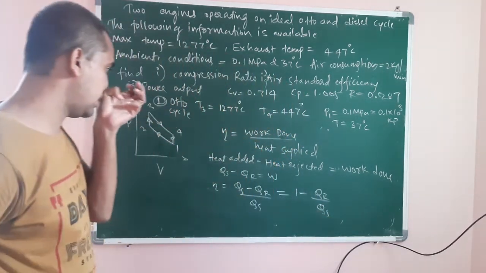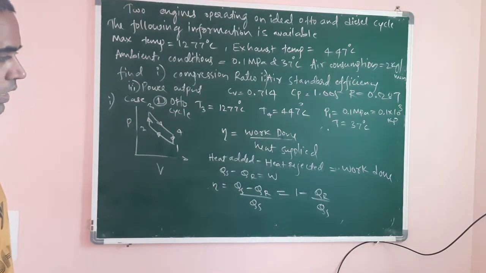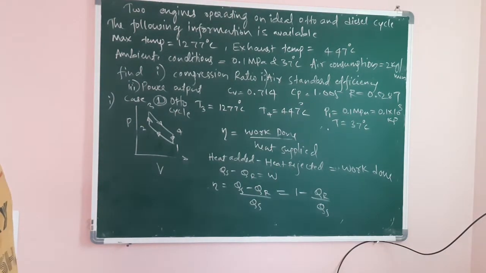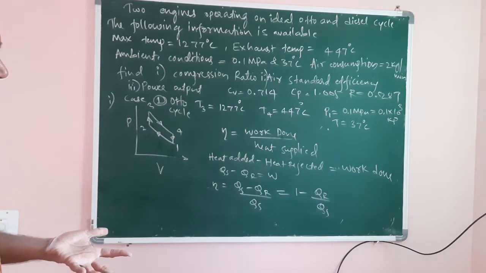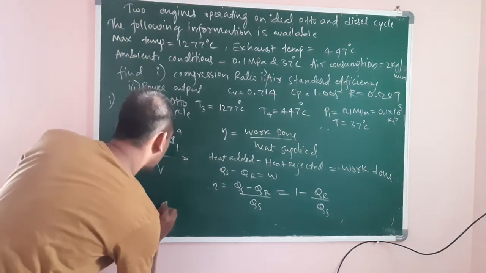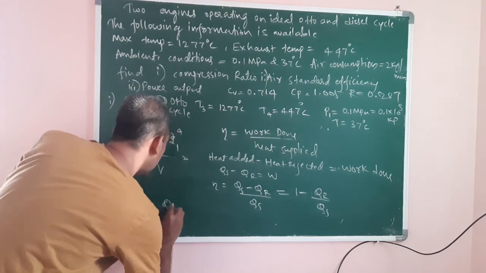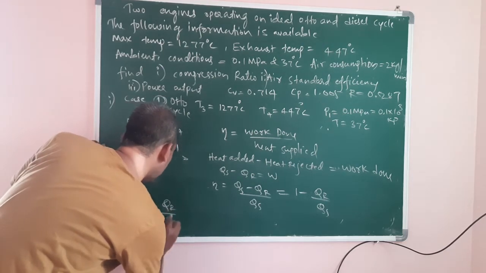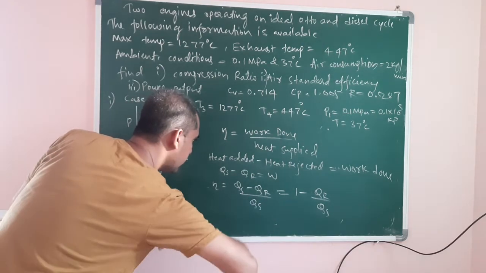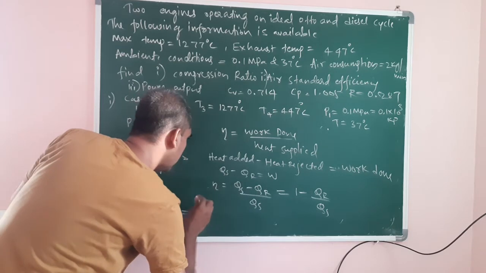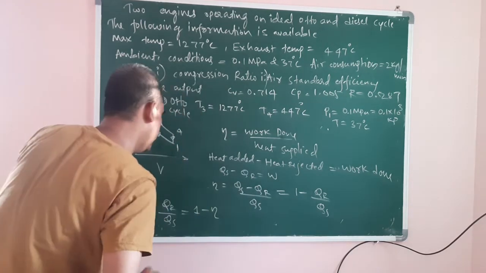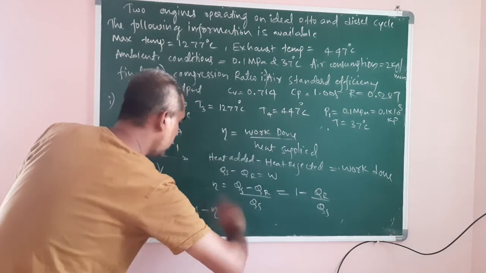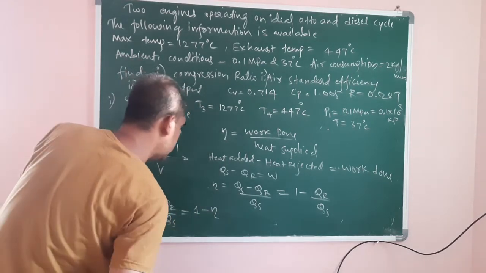Therefore QR divided by QS equal to 1 minus efficiency. Using this formula, QR divided by QS equal to 1 minus efficiency.